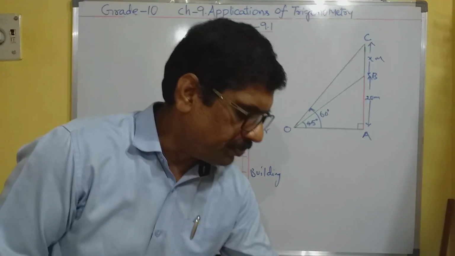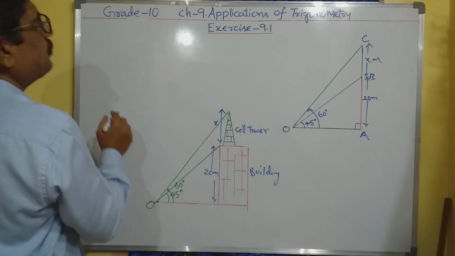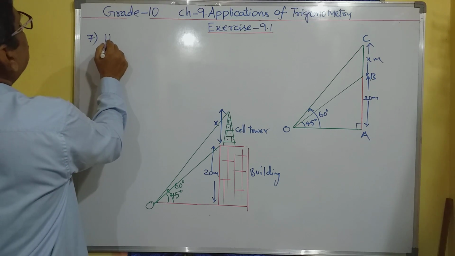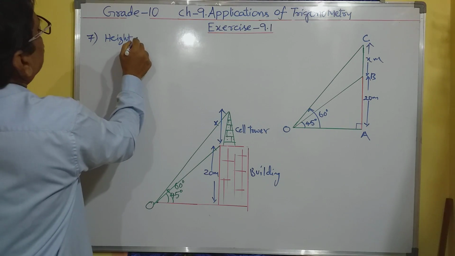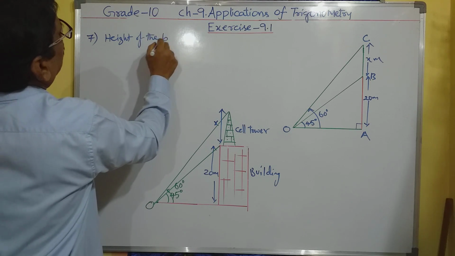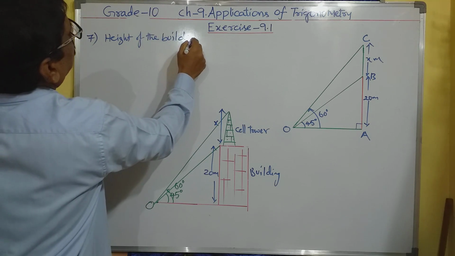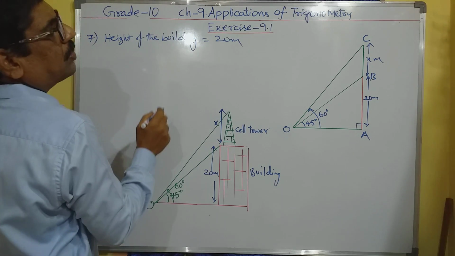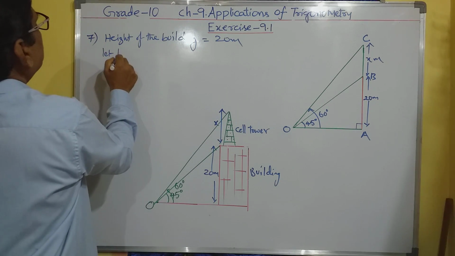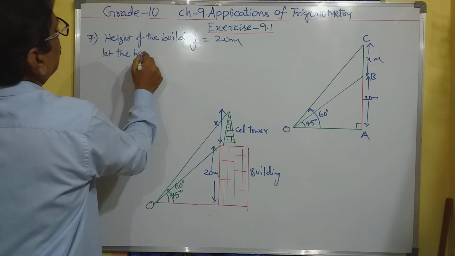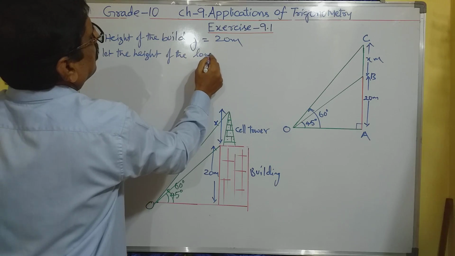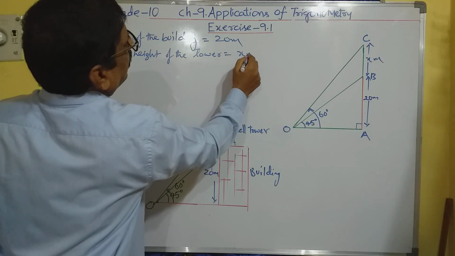Let us do the problem. Now, height of the building is given as 20 meters, and let the height of the transmission tower be x meters.